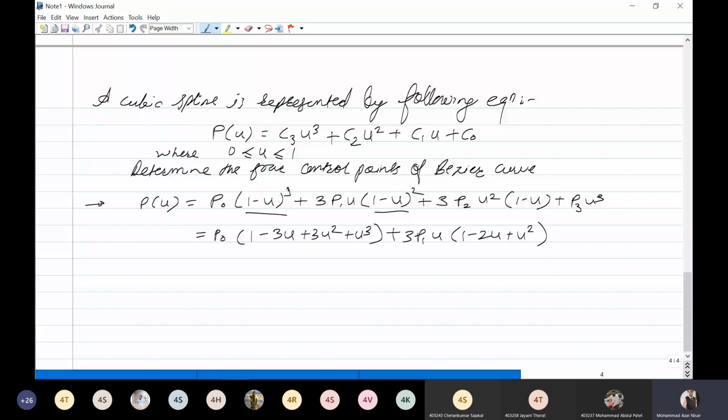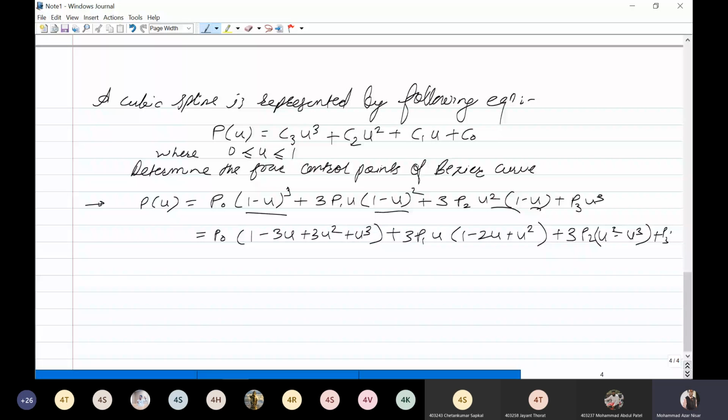Then plus 3P2, u square minus u cube, I just multiplied this, okay, u square minus u cube, and last P3 u cube.